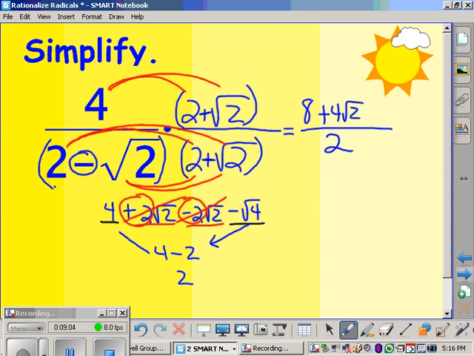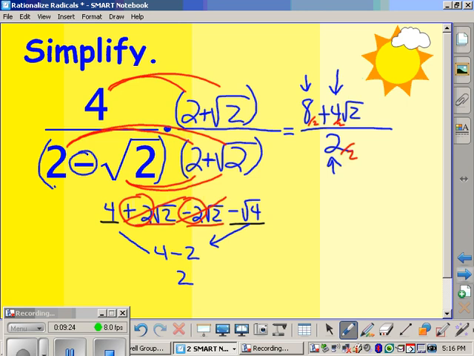Now, if you notice, we have 3 outside numbers. In other words, 3 numbers outside the radical. The only way you can further simplify something like this is if all 3 numbers can be reduced by the same amount. So for example, 2 divides into all 3 numbers.